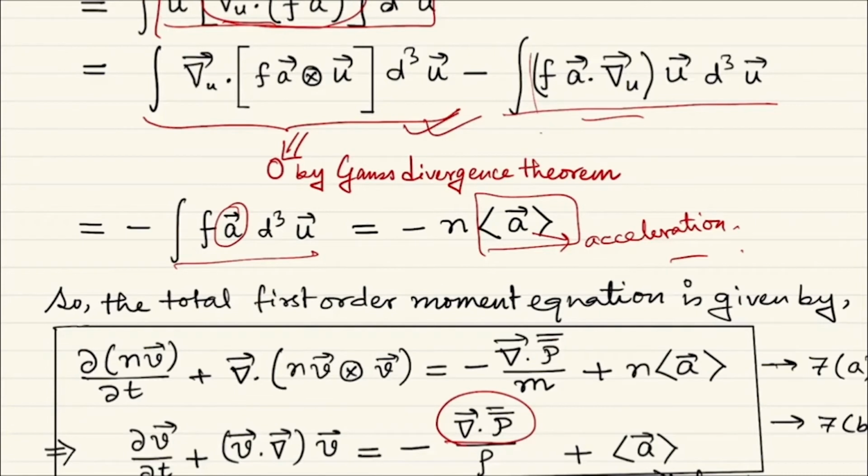For example, if you multiply this by m, the first term becomes ∂t of ρV. What is that? This is nothing but the momentum density. So this is the evolution of the momentum density. That's why it is called a momentum equation.